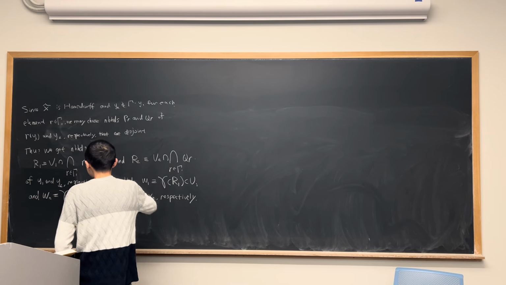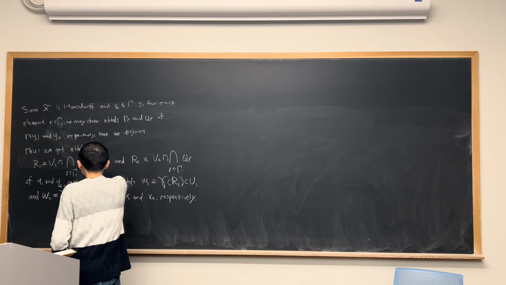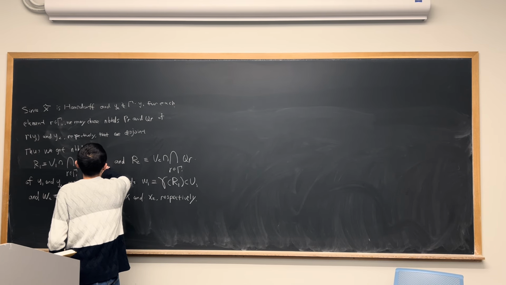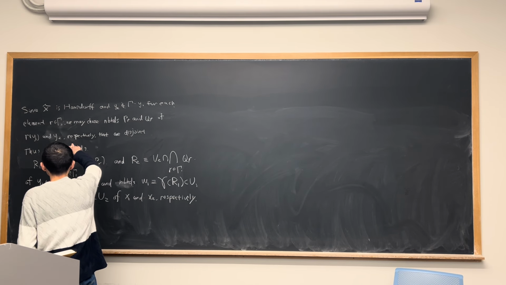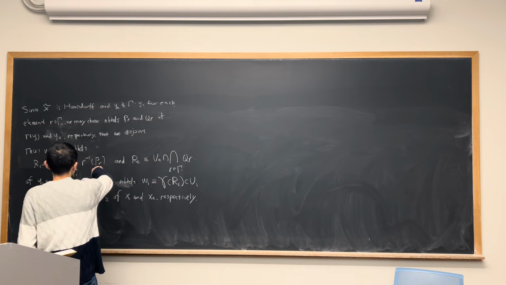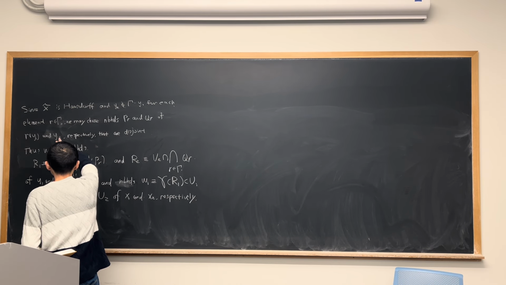We just pick them because, for each element r in this gamma 1, we pick the corresponding PR that corresponds to that element r.